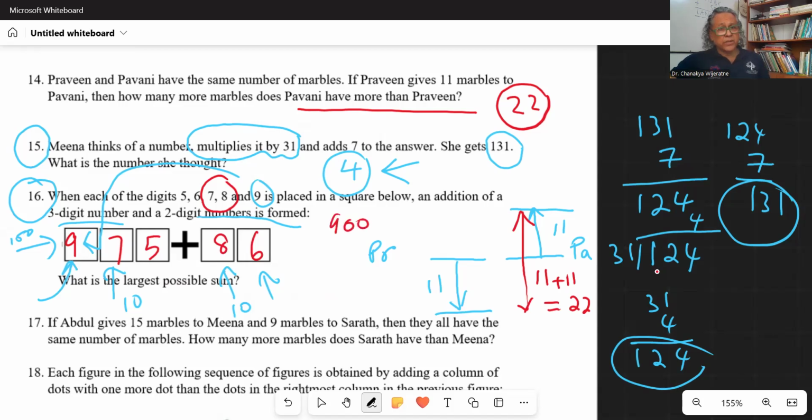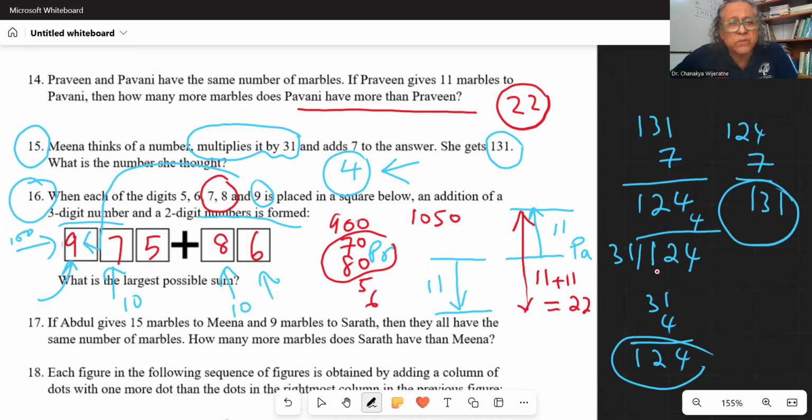How many tens? So 70, 80, and ones, 5, 6. So what do we get? 900 plus 150 is 1050, right? And 1056.